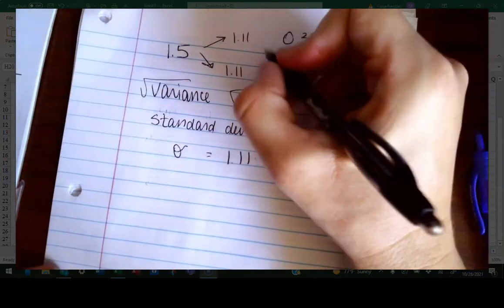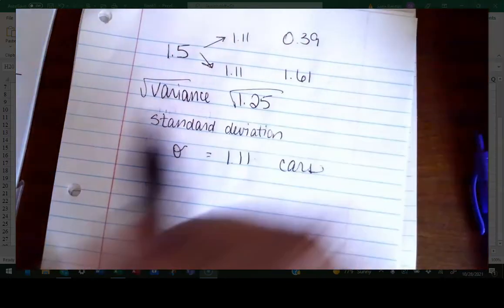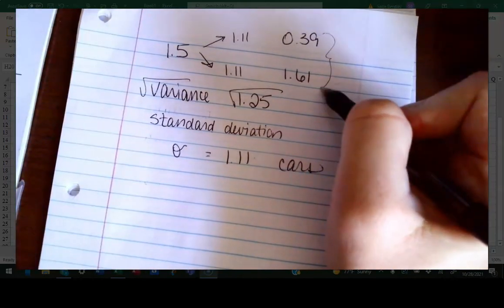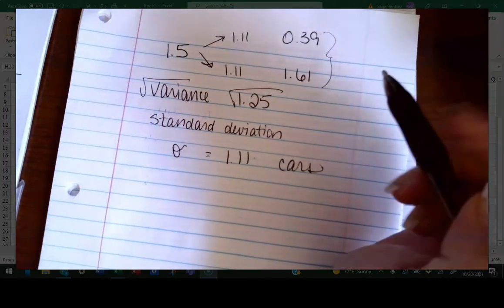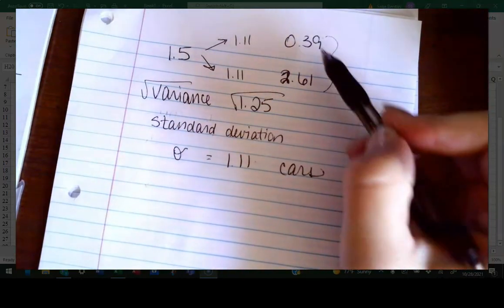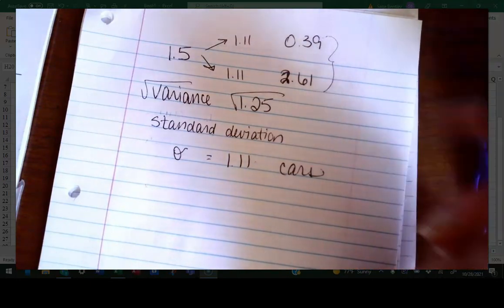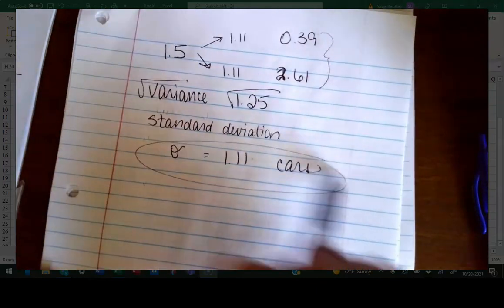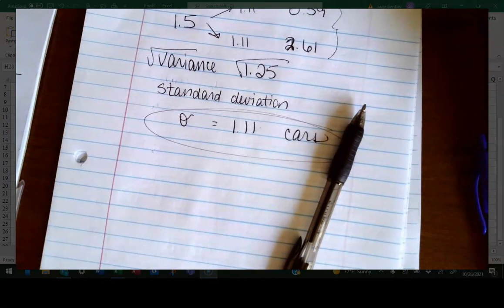And 1.5 plus 1.11 is going to be 2.61. I swear I can add. All right. So most of my salesmen will sell between 0.39 cars and 2.61 cars. That's where a majority of my data lies. But that is the power of taking that square root and using the standard deviation. So that is it for this section.